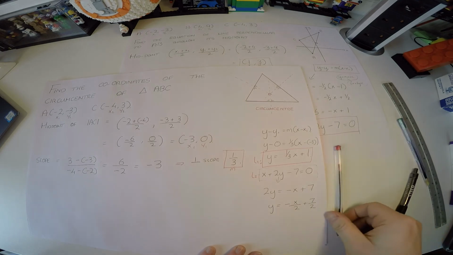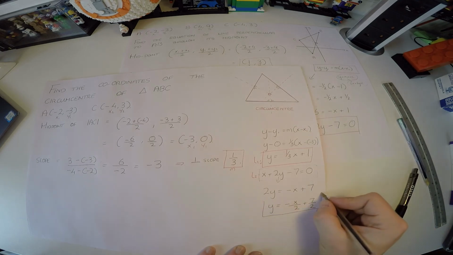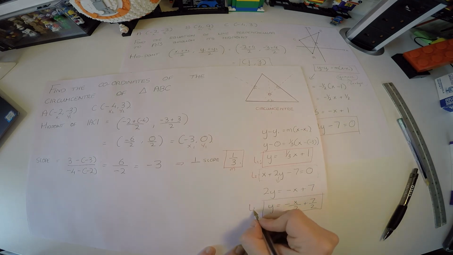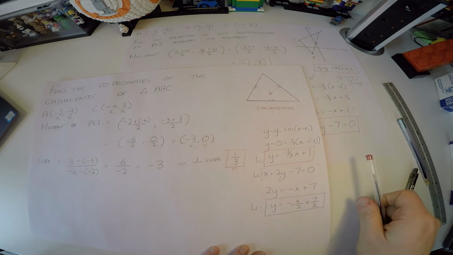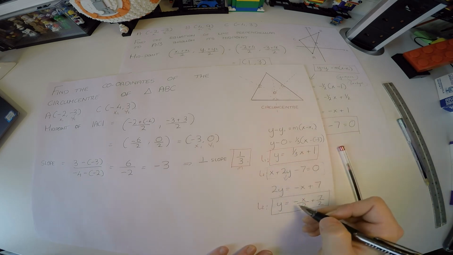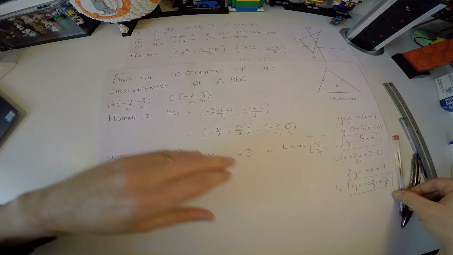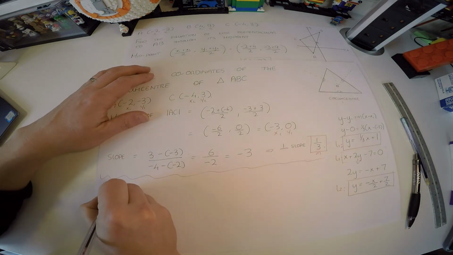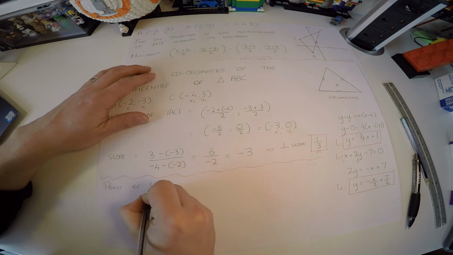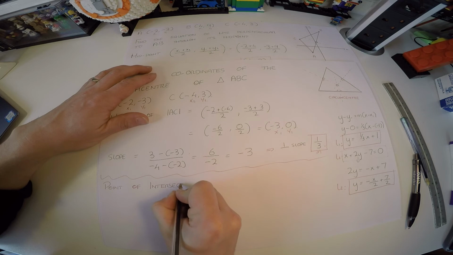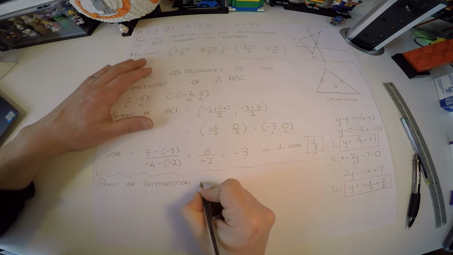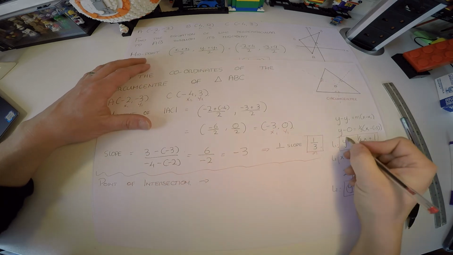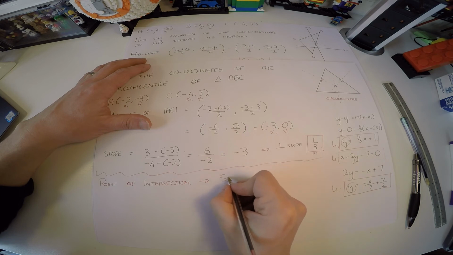Okay, so now I have my L2 here, where y is singular and positive. I want to get the point of intersection of the two of these. For point of intersection, we always say set them equal to each other, but you can only do that if y is singular and positive.